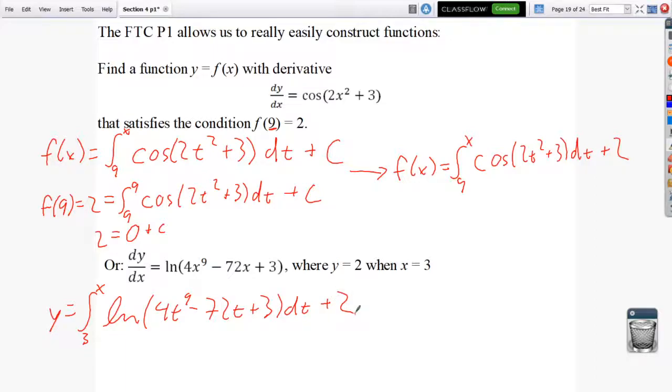There we go. The easiest way to find a function that has a given derivative ever. You can do that. There are some times where you have to actually find the antiderivative, but this is nice if you don't feel like it.